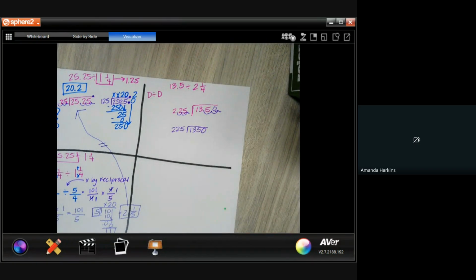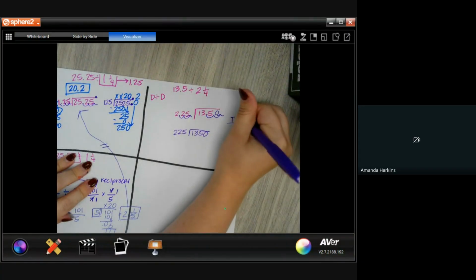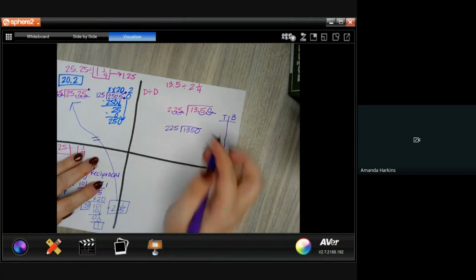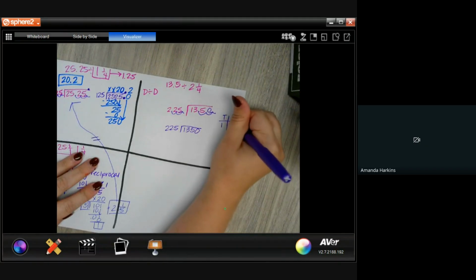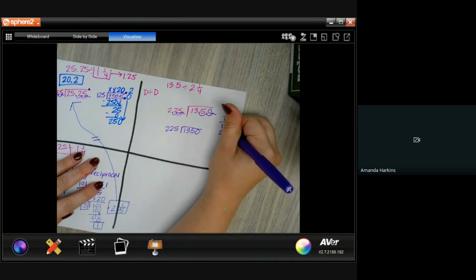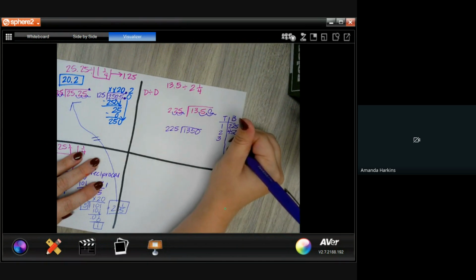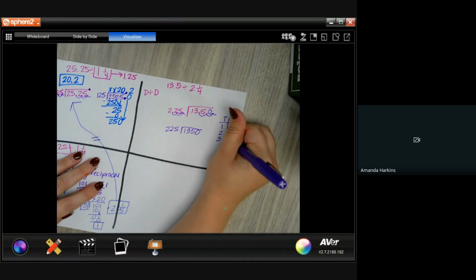I'm going to be honest. I do not know my 225s by heart. I don't have those memorized. So I make a top and bottom chart. I know that one 225 gets me 225. I know 2 of them would get me 450. I know 3 of them would get me 675.